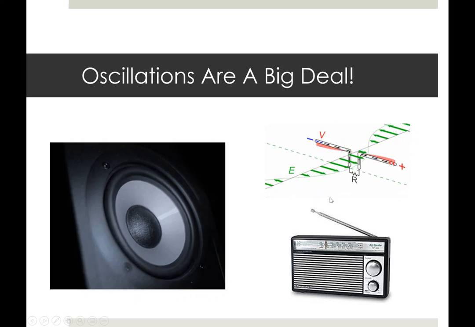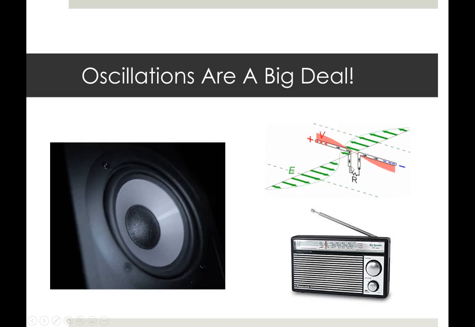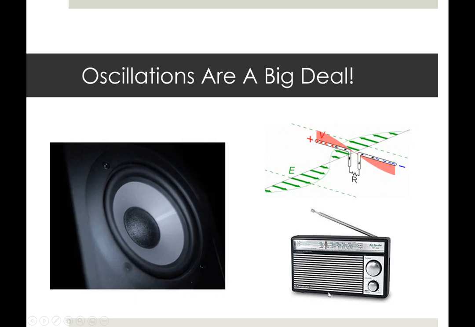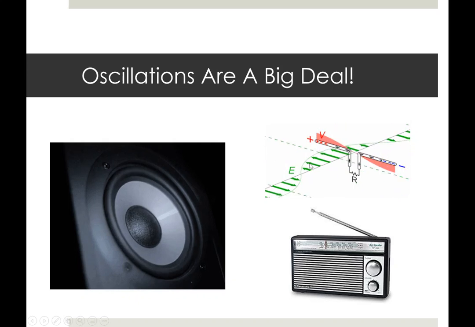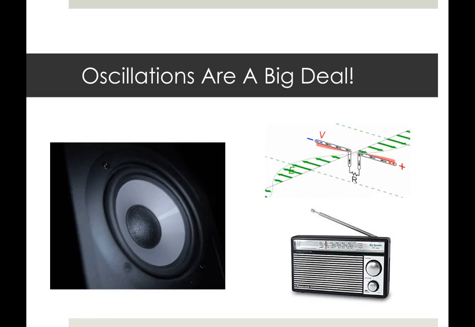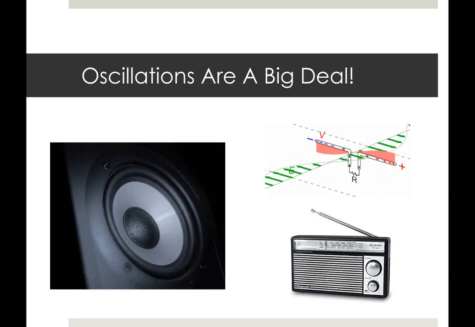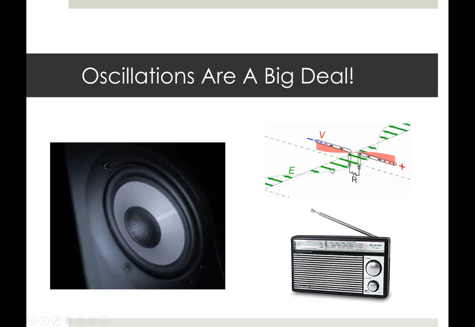Other very important applications of oscillations, which are tapped into in a circuit perspective with inductors and capacitors, are radio waves. Radio waves are just electromagnetic disturbances, these electromagnetic waves being broadcast and sent out across the air. And those electromagnetic waves are themselves oscillating behaviors.